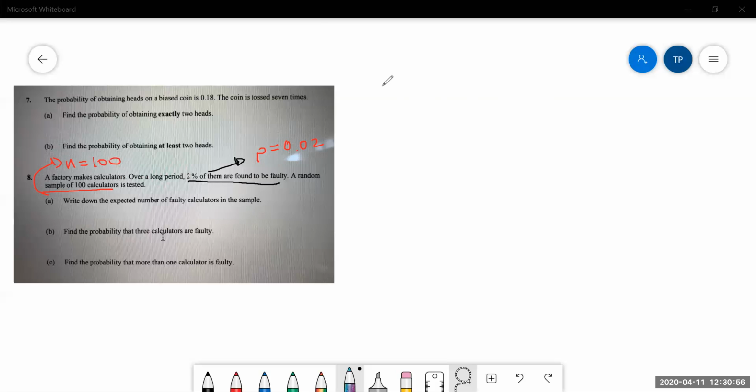So step number 1, what is step number 1? Define what is the random variable. Yes, the X.